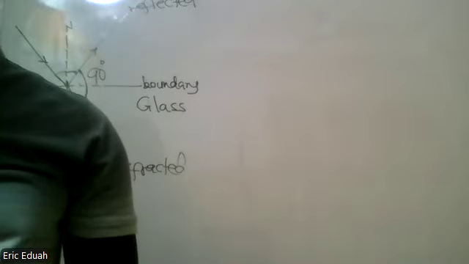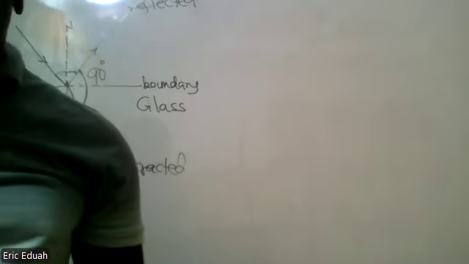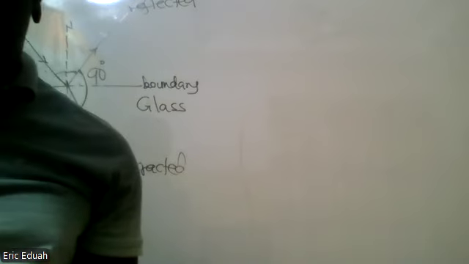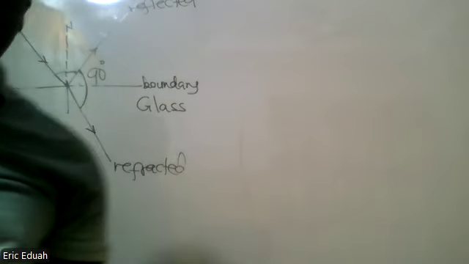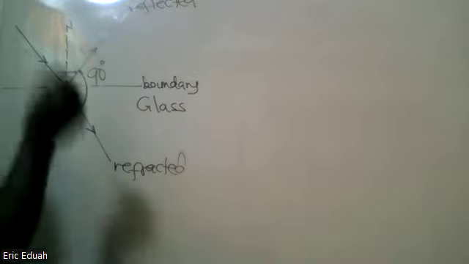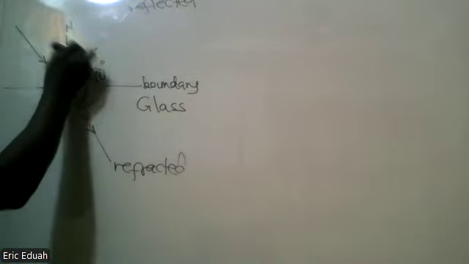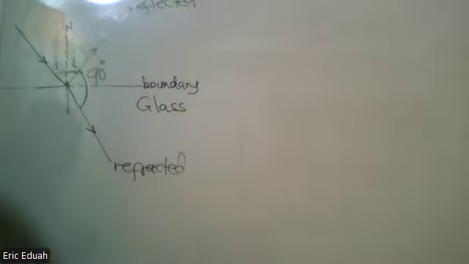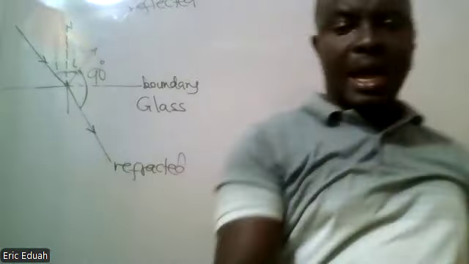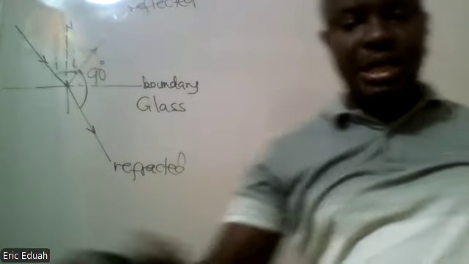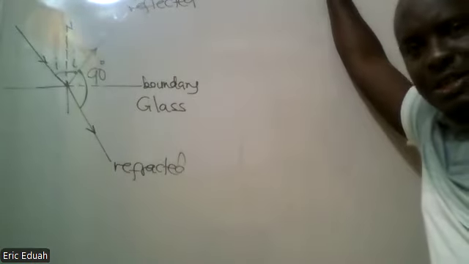Our challenge here is to determine the angle of incidence. What is the angle of incidence? So if this is I, of course, this will also be I, because under reflection of light, angle of incidence equals the angle of reflection.